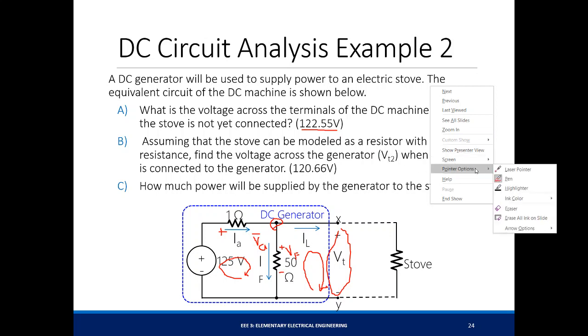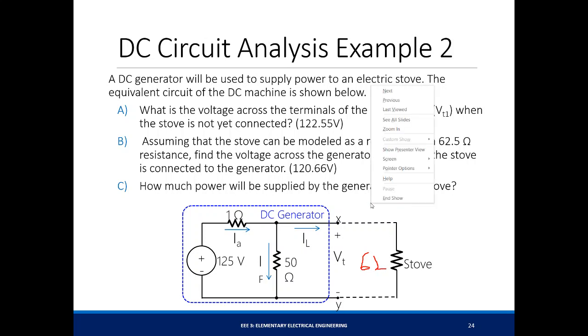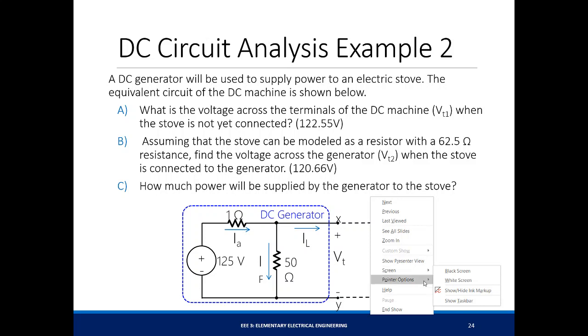Right, let me just erase all ink. There you go. Okay, so let's start over. So you have 62.5 ohms right here. So 62, sorry, let me fix that. That's really bad handwriting, would you agree?